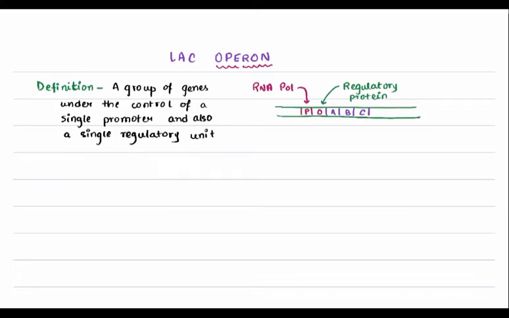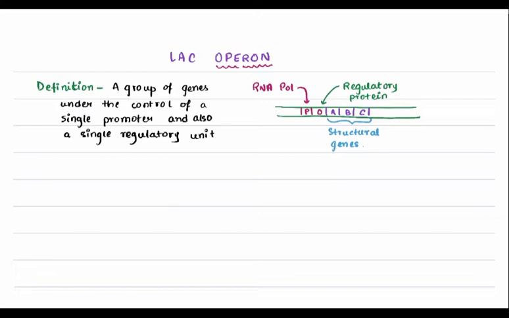These genes are basically called the structural genes. So this is the overview of what an operon is.